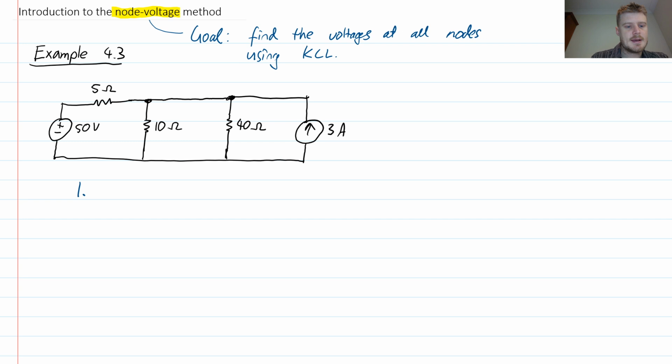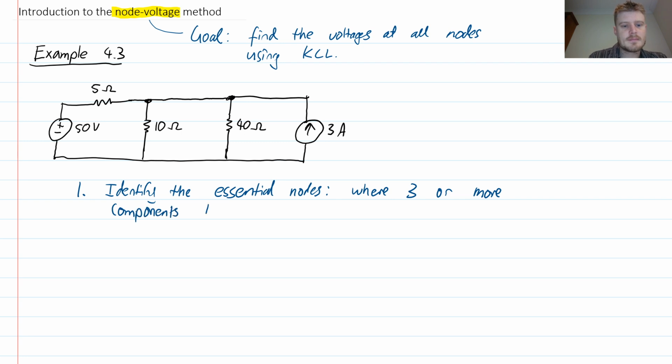Step one is to identify the essential nodes. These are where 3 or more components touch. So in this case, there are actually 2 essential nodes in this circuit.